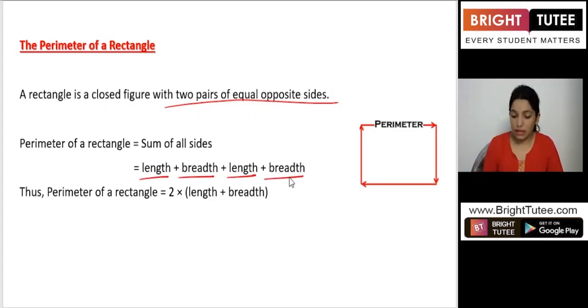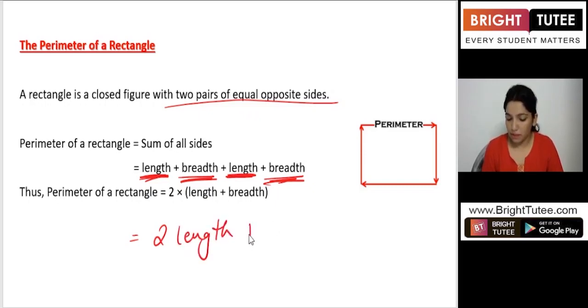So do you see the length? It is coming twice. And then breadth, it's also coming twice, right? So how can we write this? Instead of writing length plus length, we can write twice of length, plus twice of breadth. So if we have 2 times length and 2 times breadth, what we can do?